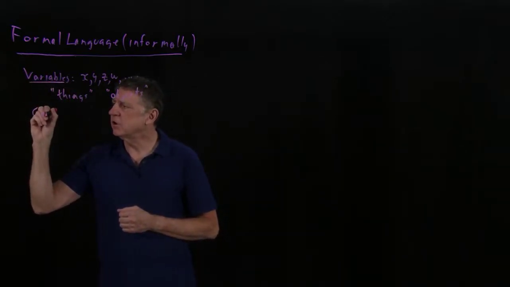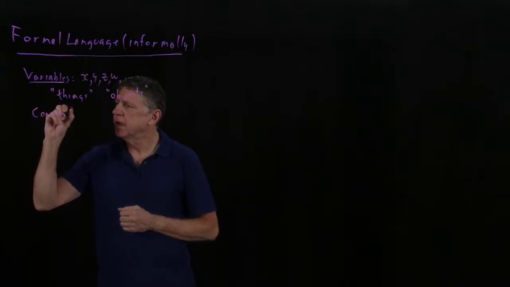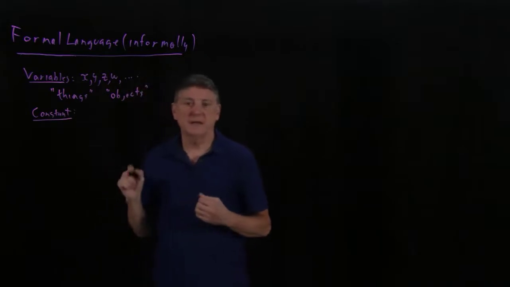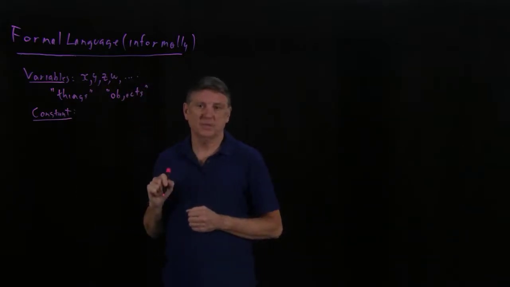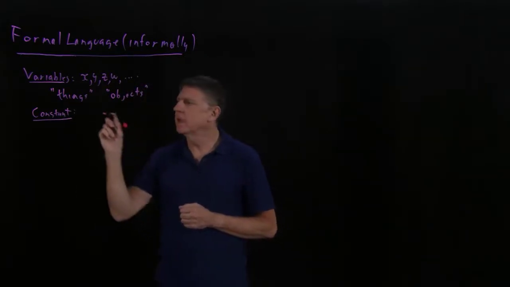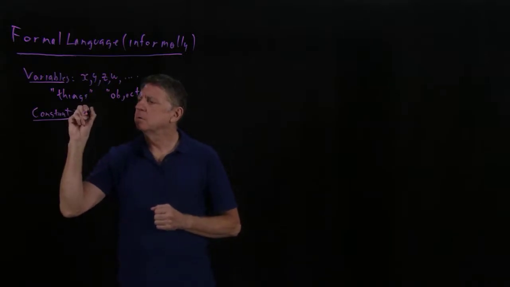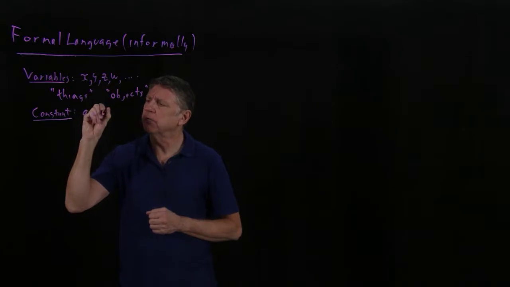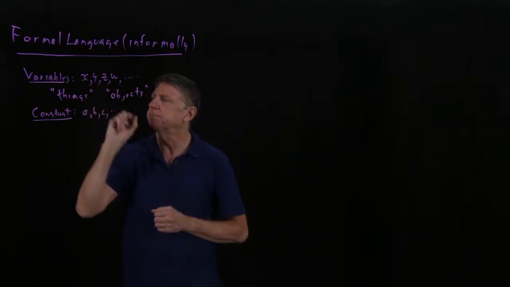The next is a constant. And a constant, for example, we might identify one particular object as being Socrates. We won't use constants a lot, but when we do, we'll use the first part of the Latin alphabet.